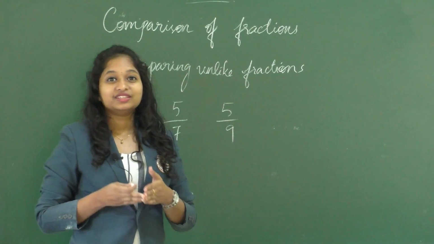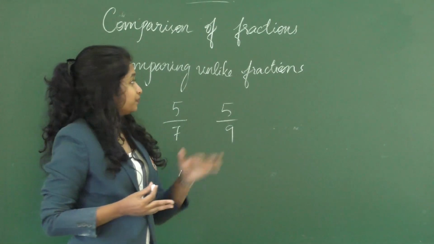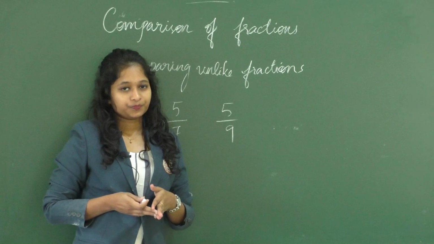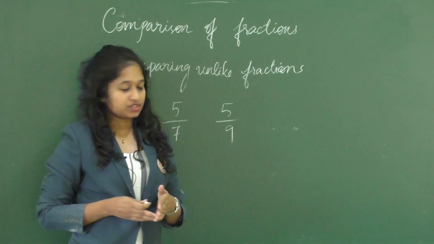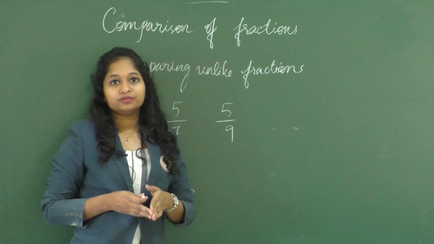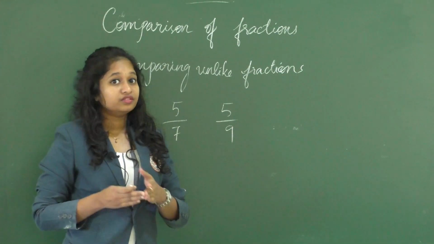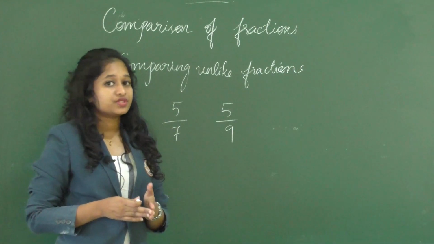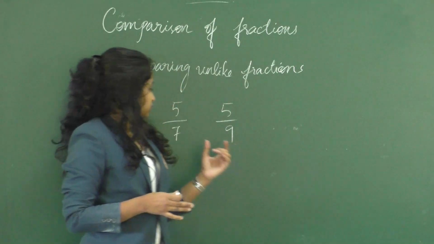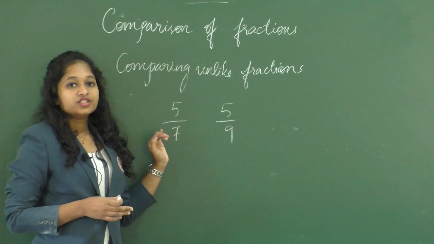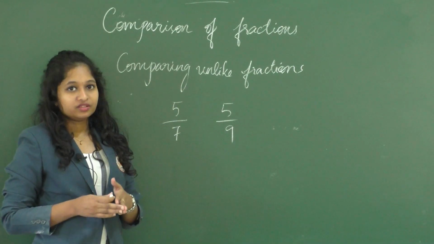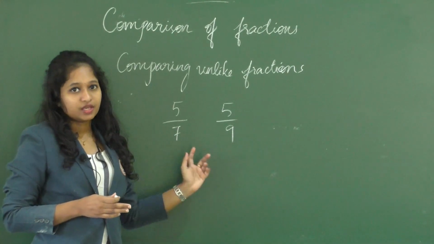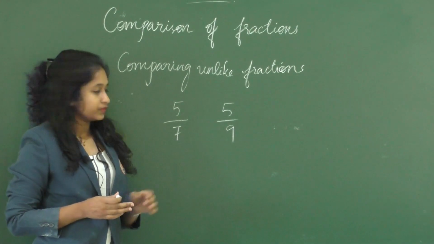So, children, now let us see how to compare unlike fractions. When you get two fractions with same numerator, then you have to see the denominator. The one with smallest denominator is the largest among them. Okay?